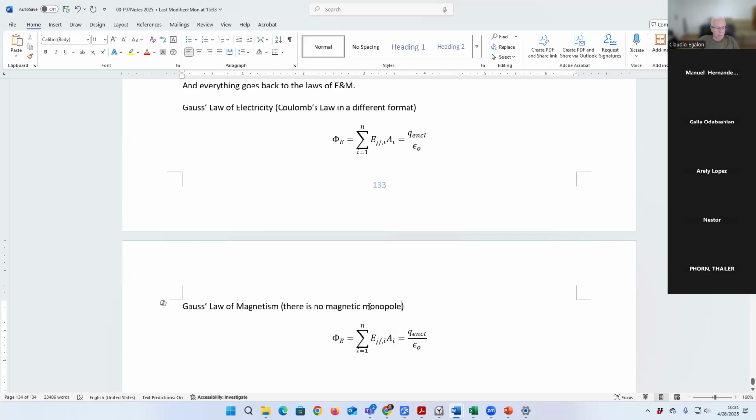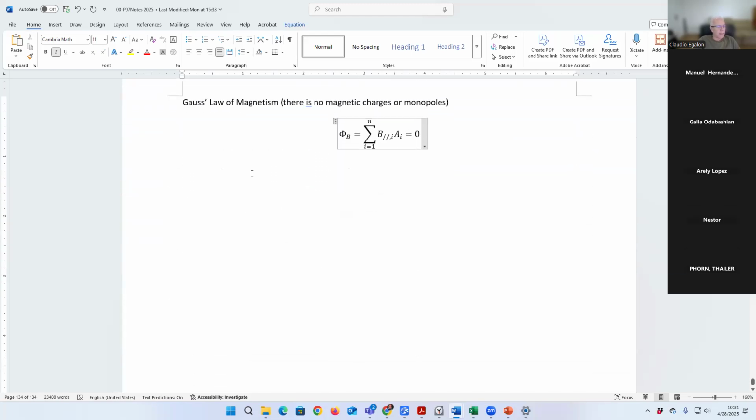There are no magnetic charges. All you have to do here is change everything that's E to B, and the right side is going to be 0 because there are no magnetic charges.